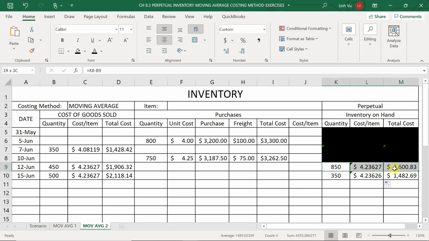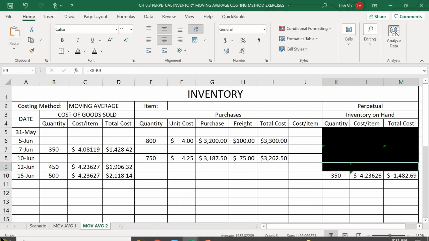Okay? So remember, because the total cost is a rounded number and you're dividing it amongst another number, right? And you're not dividing by the same number. The average cost per item, right? That penny is going to be split up to a smaller amount of quantity. Okay? So there you go.